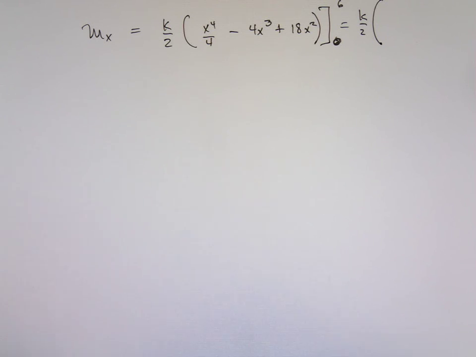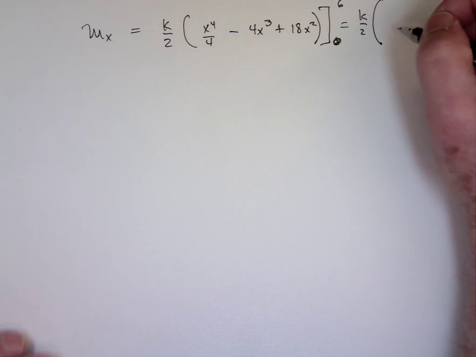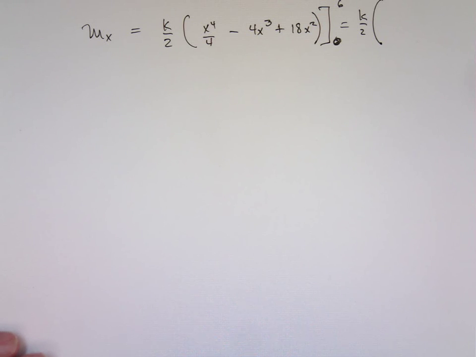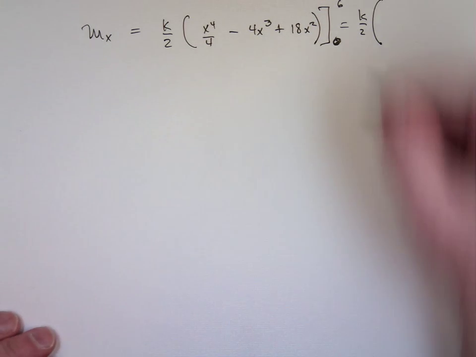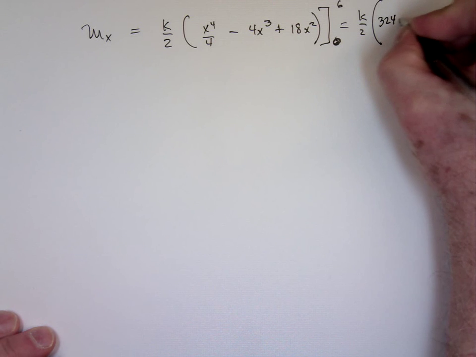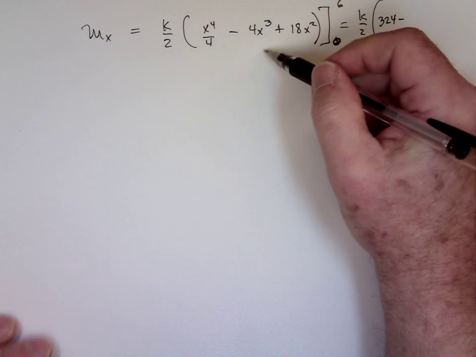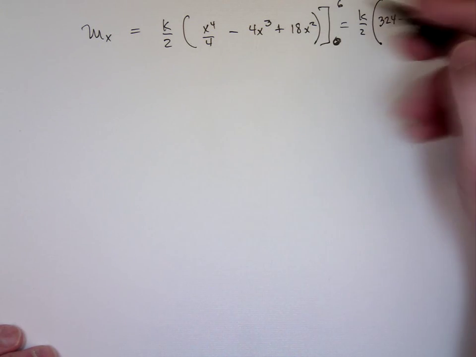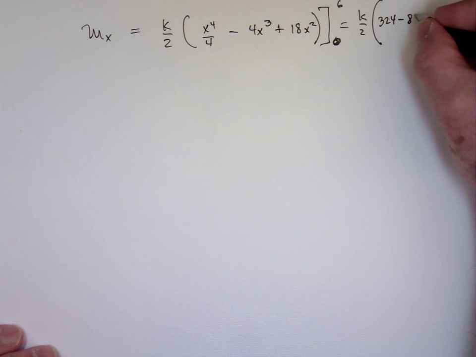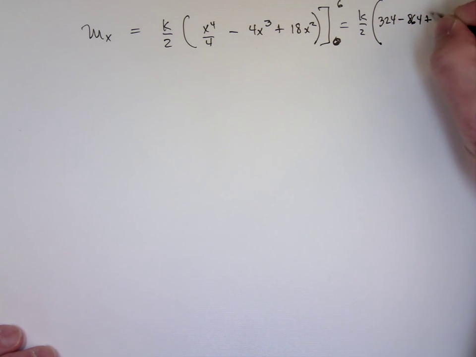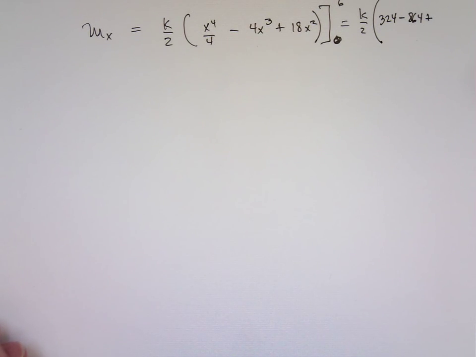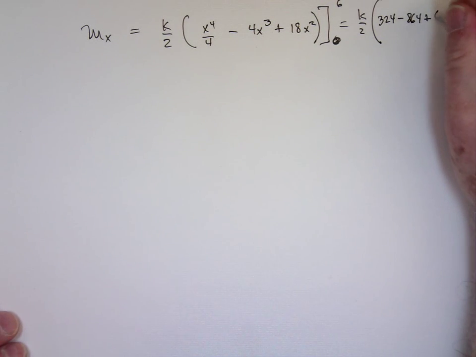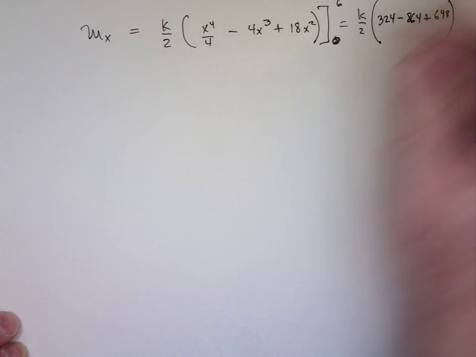Yep. 1296 over 4, which is 324, I believe. You guys better verify this. Okay, 6 cubed is 216 times 4. Okay, that's 864. Plus 18x squared, that's 36 times 18. I don't know, what do you got? 648. Thank you.